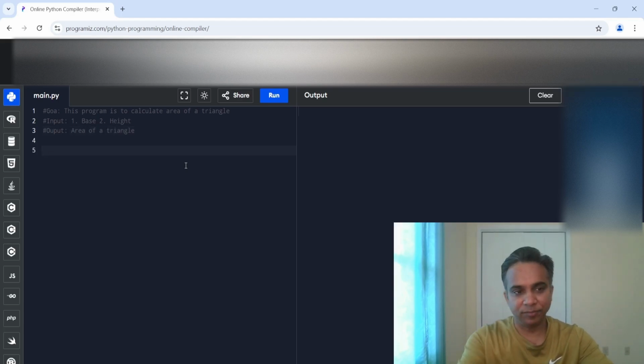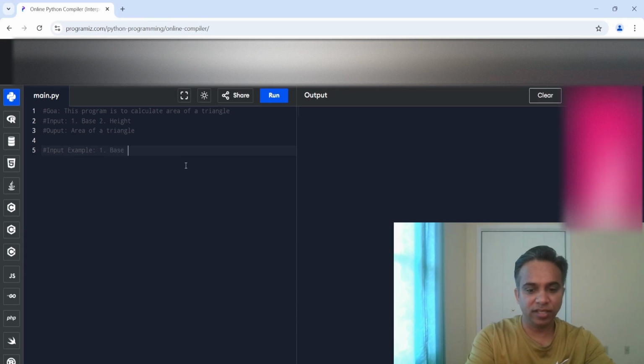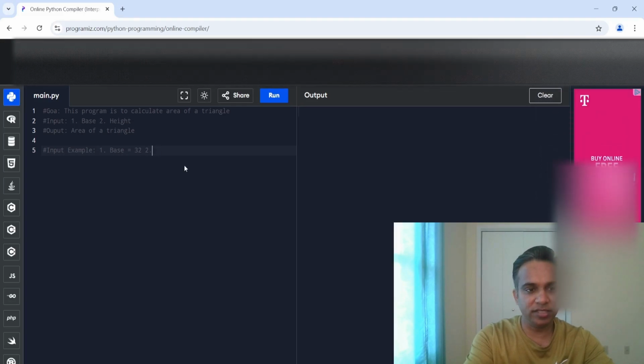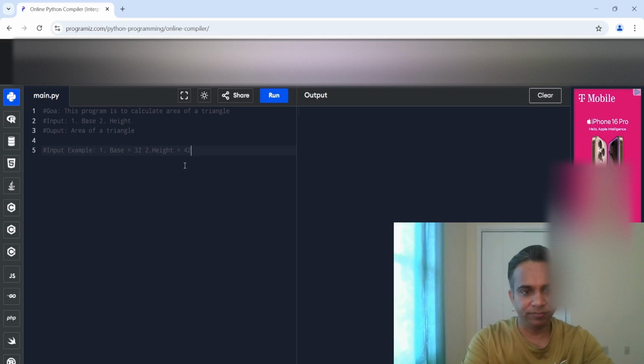Let us take an example. So input example, if we take the base equal to 32 for example, and the second one is height equal to 42.